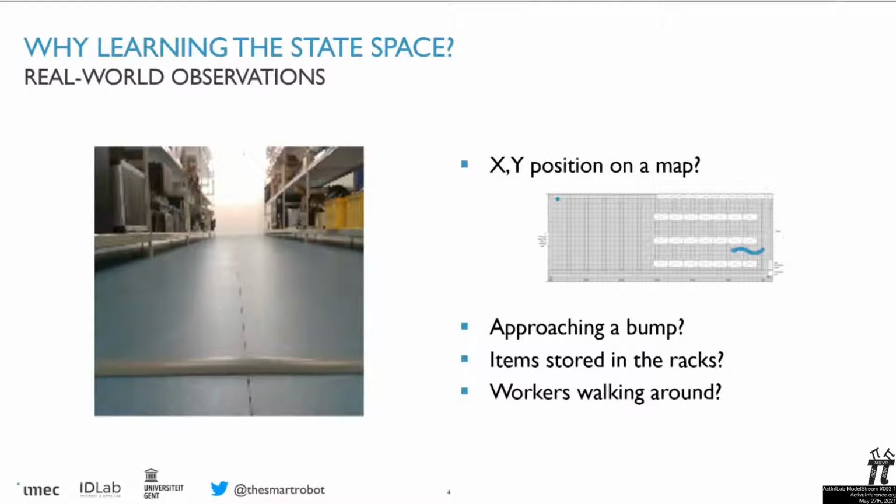Maybe there are human workers that walk around, and you also need to model these. So depending on your robot and the use case you have, the task at hand, and what can happen in the environment, it becomes non-trivial to define a concise set of states that you want to track, let alone that you need some model that models this. Like, how do you get from pixels to your XY position?